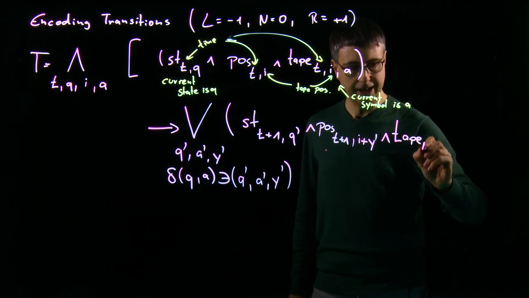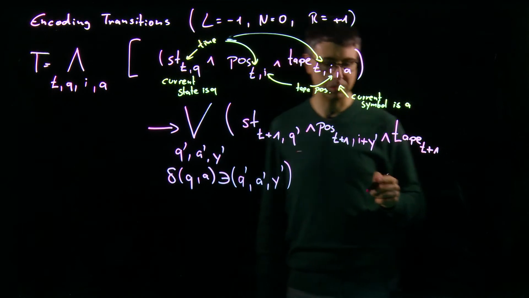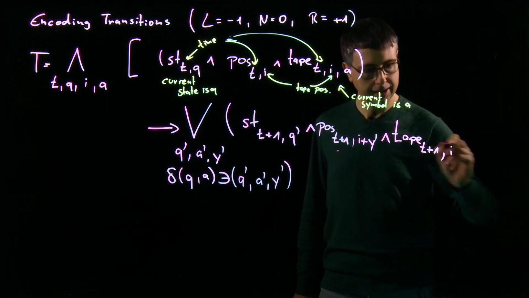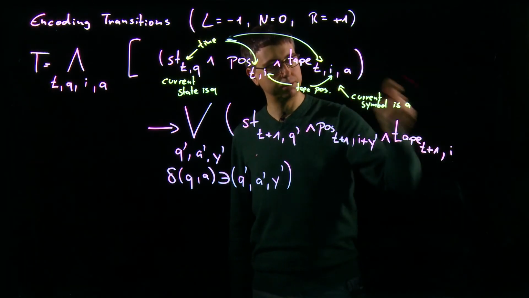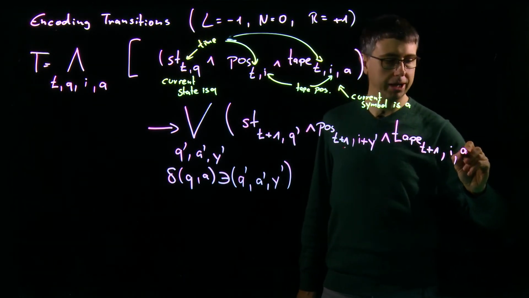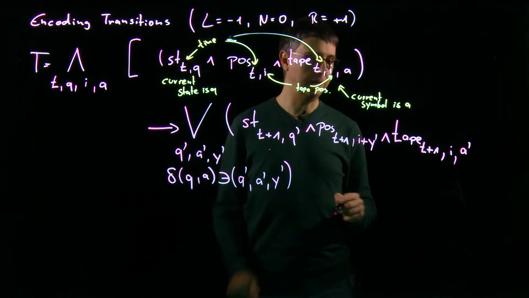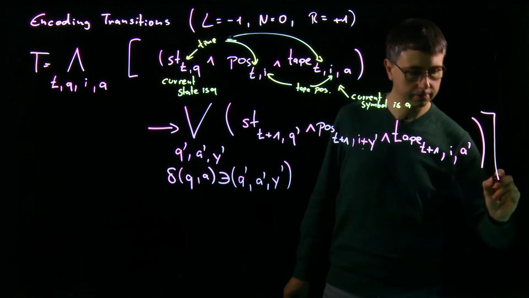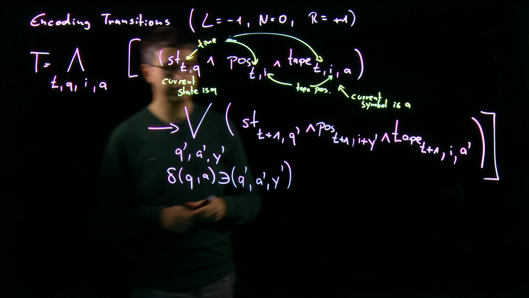So on the tape, for position t plus 1 in time, so after t plus 1 steps in time, the element at the position I, so it's the same as here, but now we don't have an A here, but we have an A prime, because the Turing machine replaced the A by A prime in this transition. So this is actually the encoding.